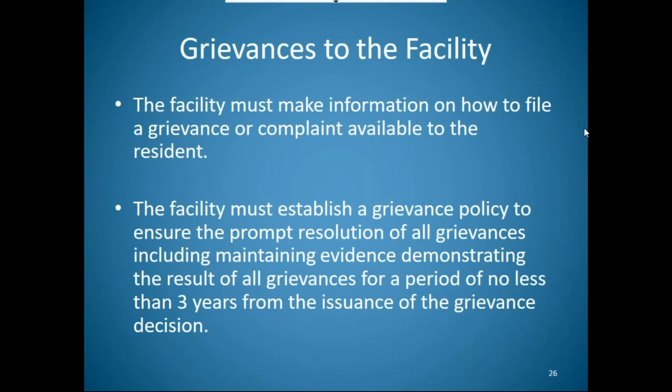I still don't have my black pants. And the surveyor then goes to the grievance official and says, this resident says that they had informed you they had a pair of black pants missing. She says, oh yeah, we looked through the laundry, went through all the residents' closets, and we just finally went and bought her another pair.